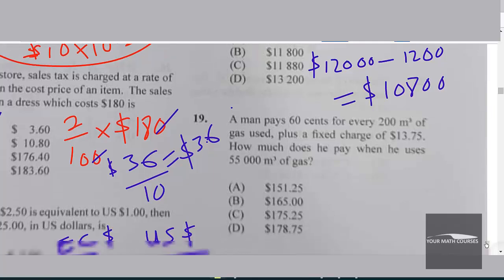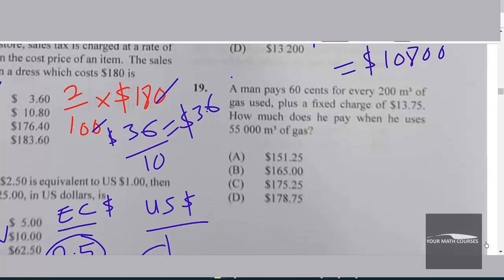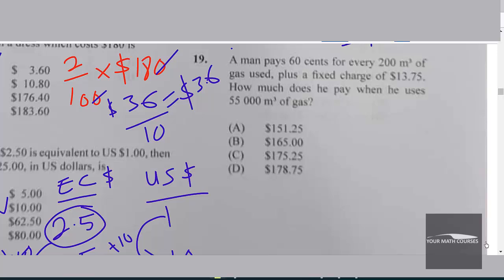Now let's consider number 19. A man pays 60 cents for every 200 meter cube of gas used, plus a fixed charge of 13.75. How much does he pay when he uses 55,000 meter cube of gas? So we need to figure out how many 200 meter cubes of gas are in 55,000 meter cube.